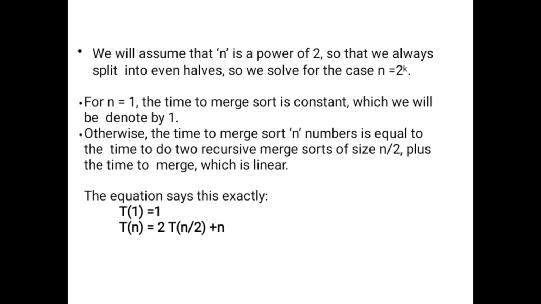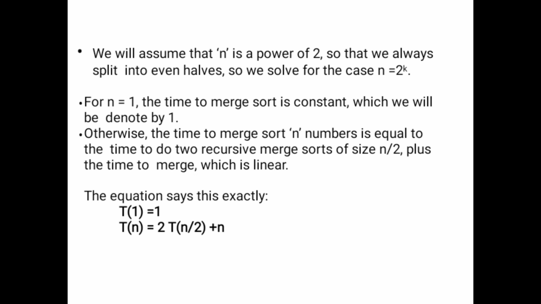So it is clear from the algorithm that the problem instance is divided into two equal parts. Let us assume that the number of items in the array A is a multiple of 2. The recurrence relation for this algorithm can be written as T of n is equal to T of n by 2 plus T of n by 2. Here I have directly written 2 T of n by 2 plus n.